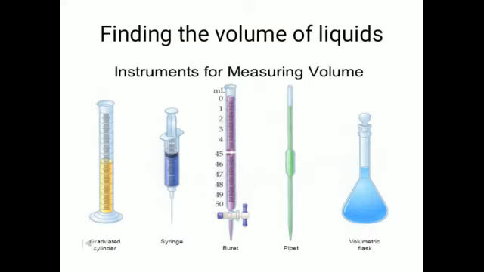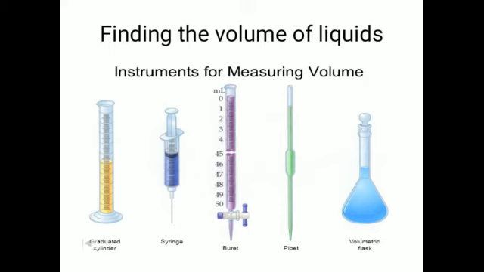Then we have very specially designed instruments for the measurement of volume of liquids. You know, liquids are those materials which take the shape of the container because they are flowable fluids.